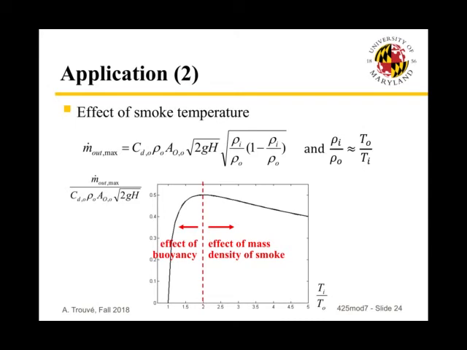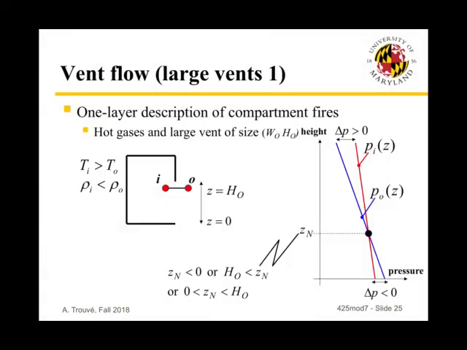All right, so I think this is the last example I want to discuss as part of this video. We are still looking at the one-layer description, so we have uniform conditions inside the compartment, but now I'm not going to limit myself to small vents anymore.